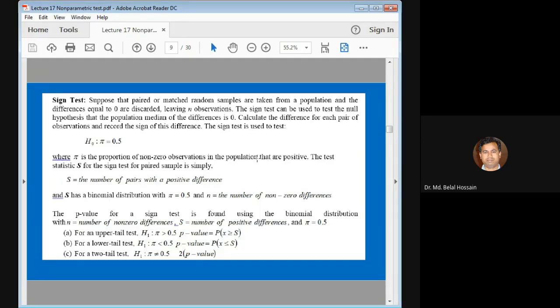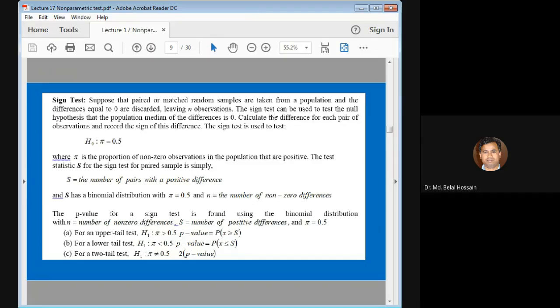This one is the sign test. The sign test is equivalent to a proportion test we studied earlier, the one sample proportion. Suppose that paired or matched random samples are taken from a population and the differences equal to 0 are discovered, leaving n observations.